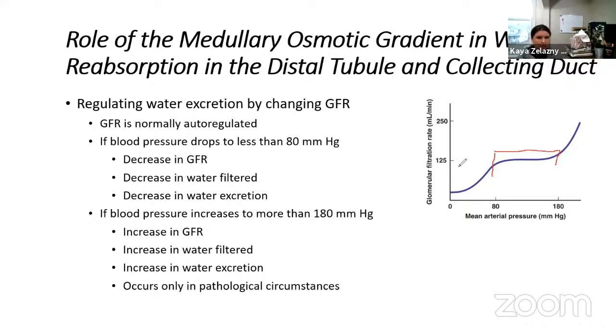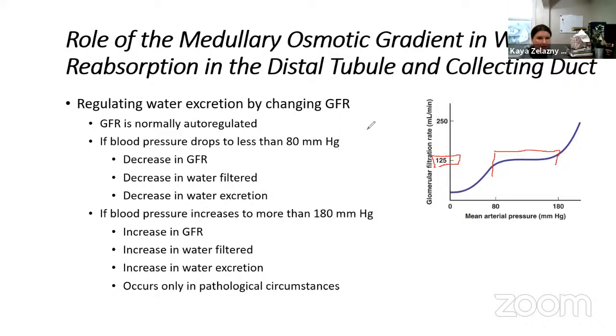But if blood pressure is dropping outside of this normal range, we do allow the glomerular filtration rate to vary. So it would not be regulating us back to our 125, our usual level of glomerular filtration.